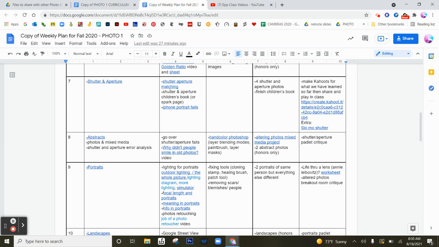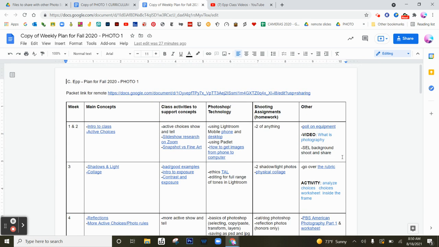So that's why I said before that I had 2 week units, but here they're kind of week by week. So shutter and aperture and abstracts is kind of the same unit, but it's just that the honor students shoot 2 photos during that time. And then there's other things that we do in class. We might watch some videos, we might watch some documentaries, primary sources, photographers talking about themselves, like Annie Leibovitz during the portrait unit.